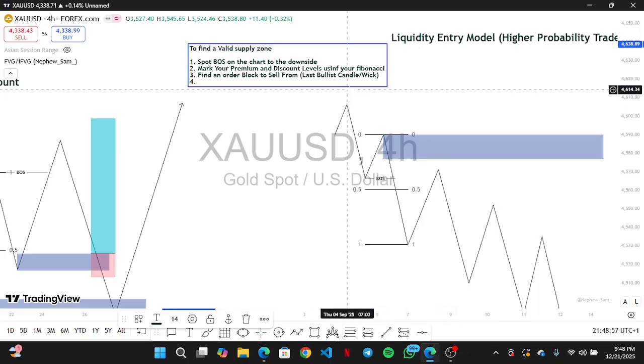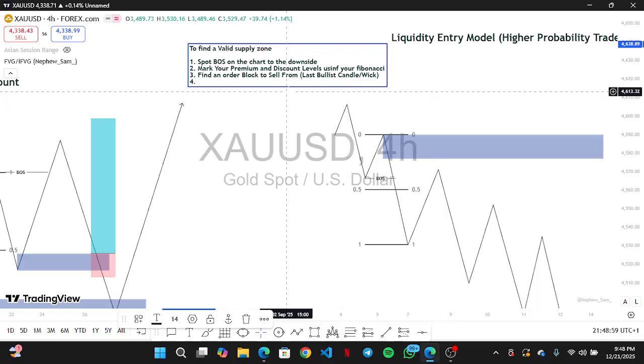Then the fourth thing, which will make your setup higher probability, is to wait for liquidity. Make sure there is valid, or strong, liquidity.